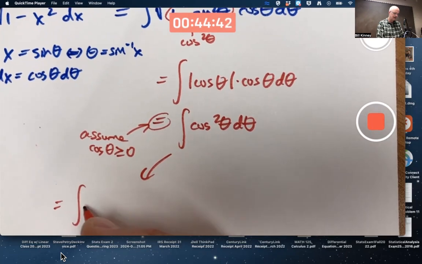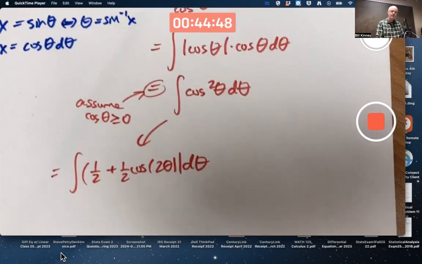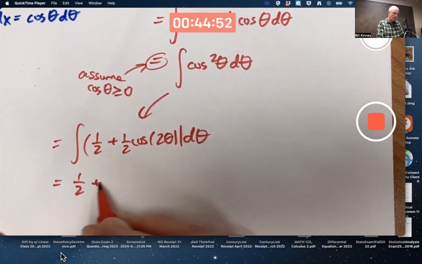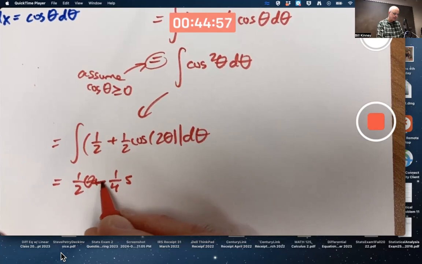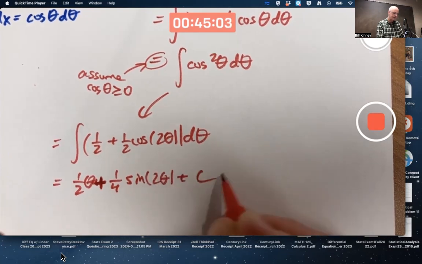Cos squared theta is 1/2 plus 1/2 cos 2 theta. Giving us 1/2 theta plus 1/4 sine 2 theta plus c.